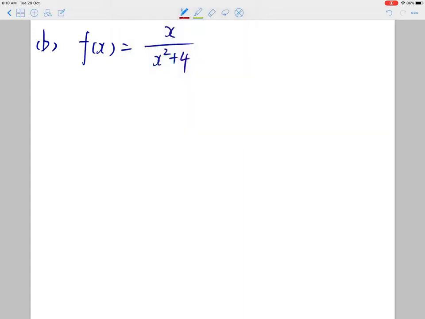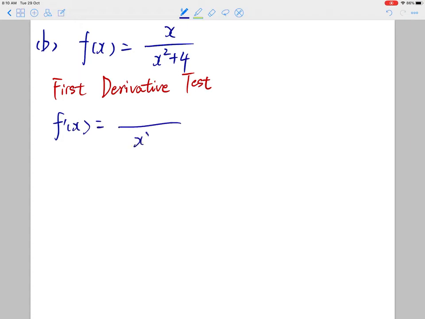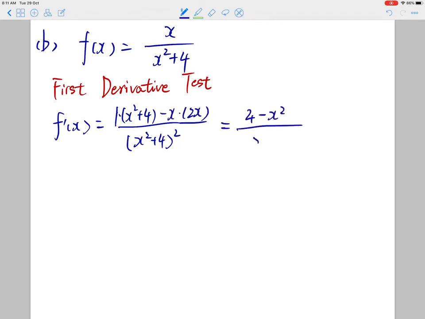So now I'm gonna use the first derivative test. For first derivative test, still I have to figure out when the derivative is 0, right? So what's this derivative? It's a quotient rule. Right, it's going to be 4 minus x squared over the denominator.